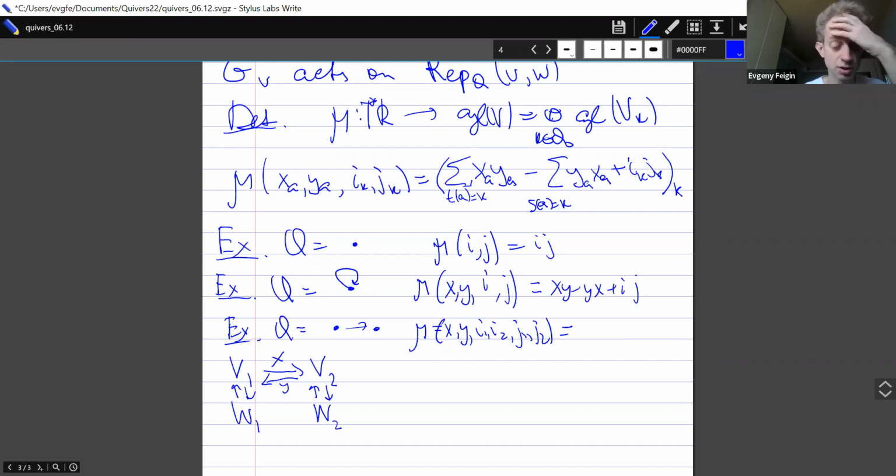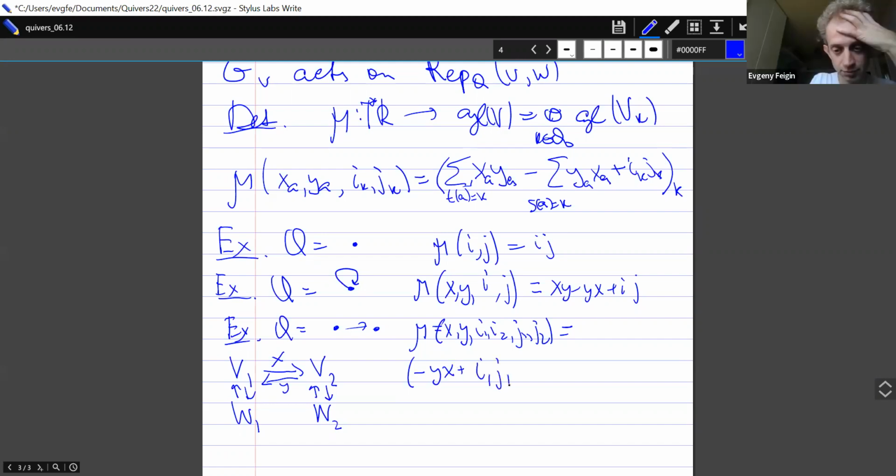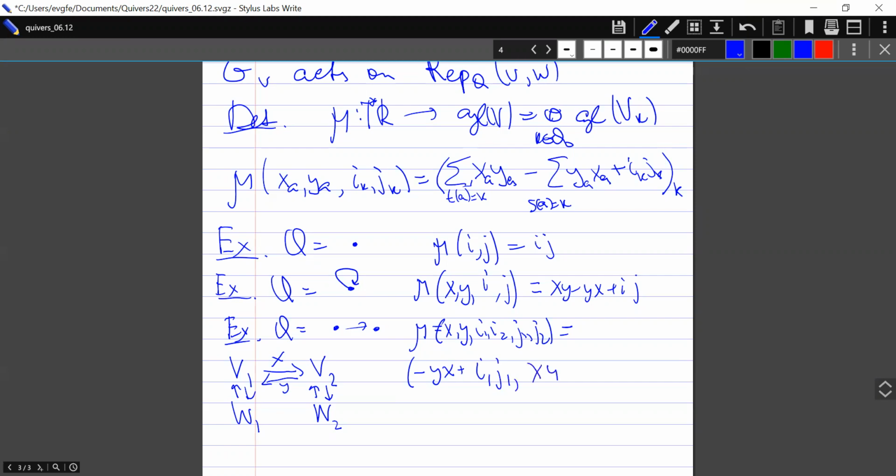So any suggestions? Well, the first component should be minus yx plus I1, J1, and the second XY plus I2, J2.